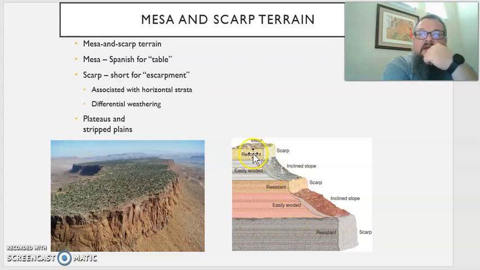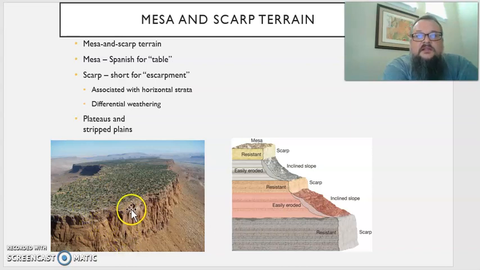So you'll have overhangs of harder resistant rock, and the stuff underneath it erodes and weathers away. Even though the cap rock may be resistant to weathering and erosion, it is not resistant to gravity. So once the more eroded material underneath it leaves it overhanging too much, gravity will pull that stuff down. And so even though the cap rock is resistant to erosion, it will get smaller and smaller over time.